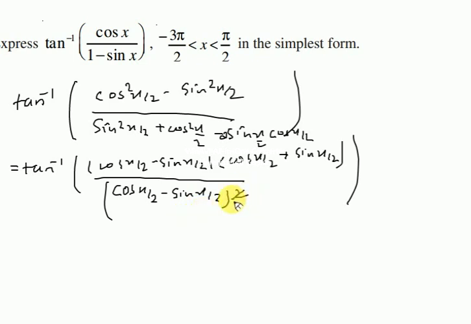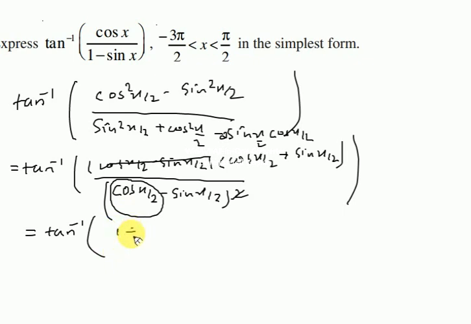Now we can cancel this square and this. It is cos x by 2 plus sin x by 2 divided by that. So again the same concept, I will make this position 1 by dividing numerator and denominator by cos x by 2.